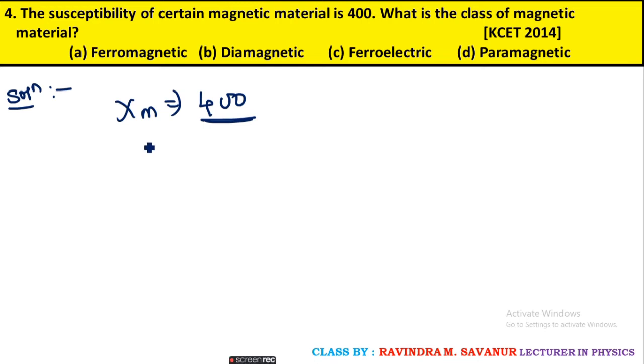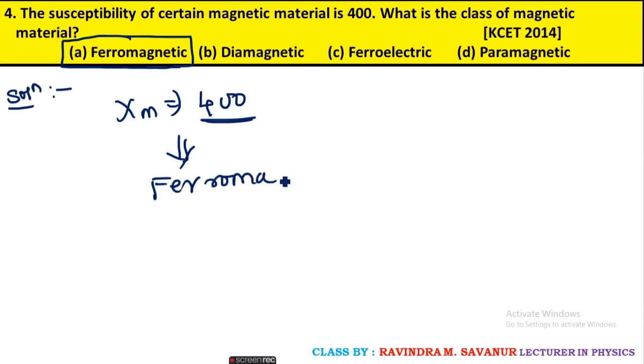Any idea? So the answer is, the susceptibility of magnetic material is 400, which belongs to ferromagnetic material. That is option A.